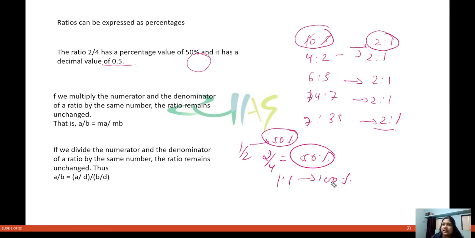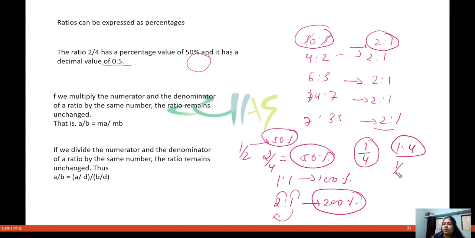Similarly, 2 is to 1 will mean 200%. So if anything is in the ratio 2 is to 1, that means this is 200% of that. Similarly, let us say 1 is to 4. What does 1 is to 4 mean? It means 25%.